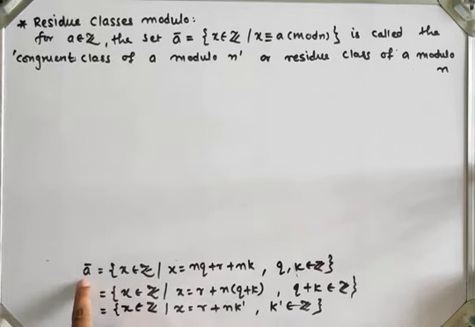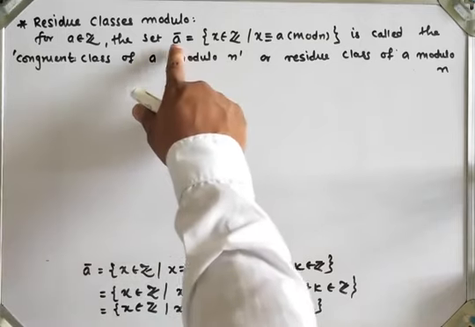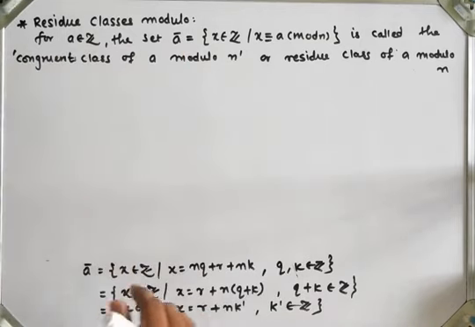From this it shows that r is the least positive integer, right? And if a belongs to the set of integers, we have given a belongs to the set of integers, and r is the least positive integer obtained by dividing a by n, then we will get a bar.